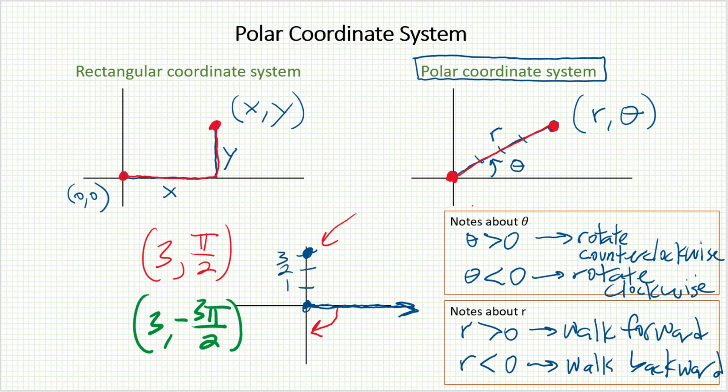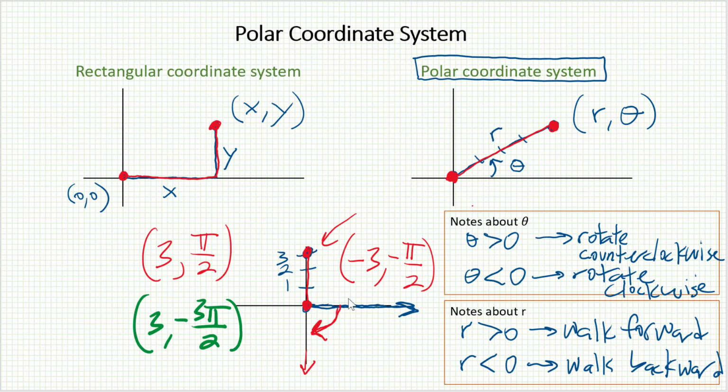I'd now be facing this direction, and then standing there while I'm facing downward, I would actually walk backwards 1, 2, 3 spaces, meaning another polar coordinate name for this point would be -3 because I walked backwards, and negative pi over 2 because I rotated around 90 degrees, pi over 2 radians, in a clockwise direction.